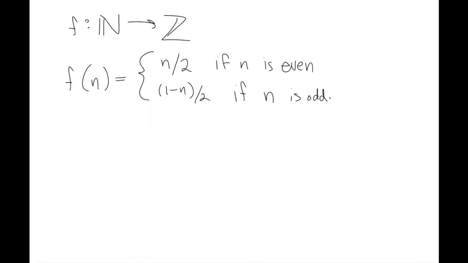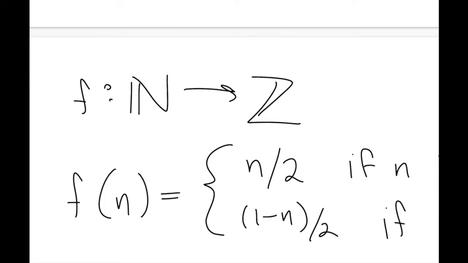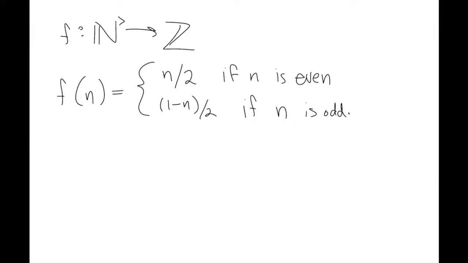And actually here I'm going to specify that we're talking just about the positive natural numbers. So typically we include 0 in the natural numbers, but this time I'm going to exclude 0, and hopefully you'll be able to see why.